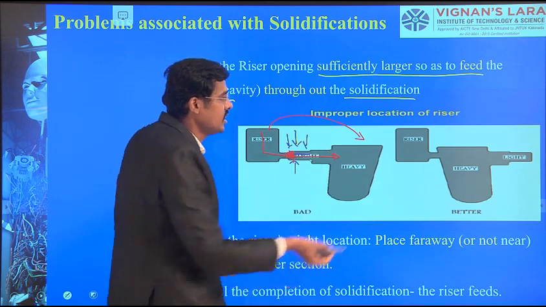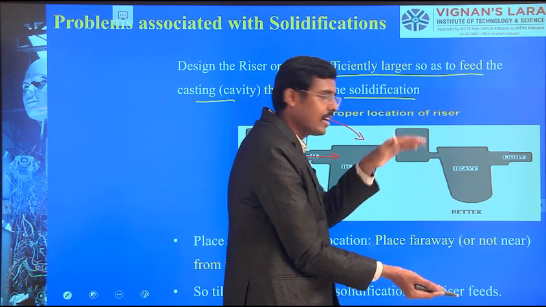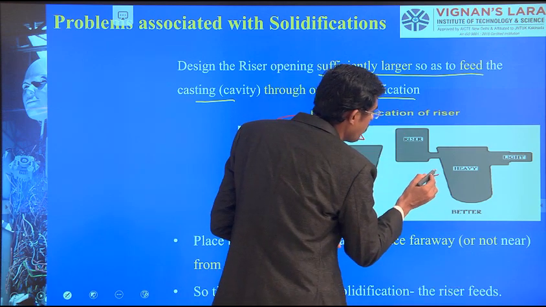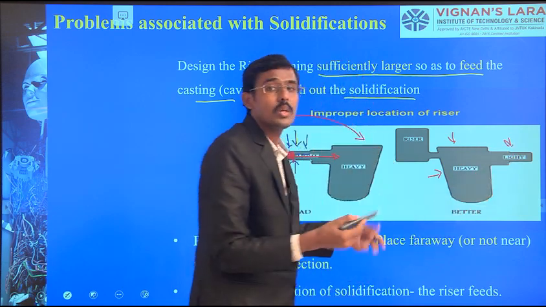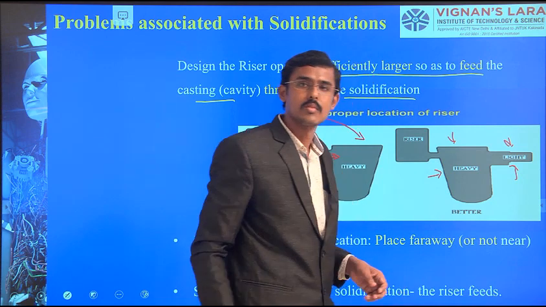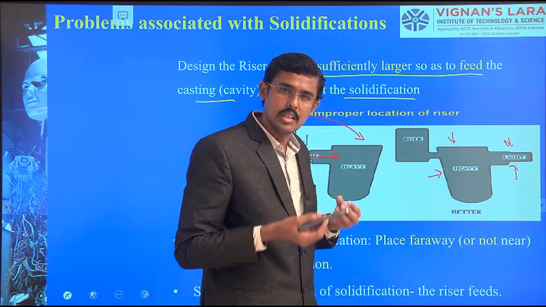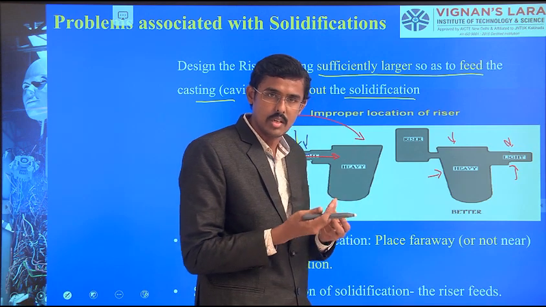This is a heavy part, the large thickness area. Air is in contact here, here, and here, so the cooling process starts quickly. In a thin part, the cooling process is quick.